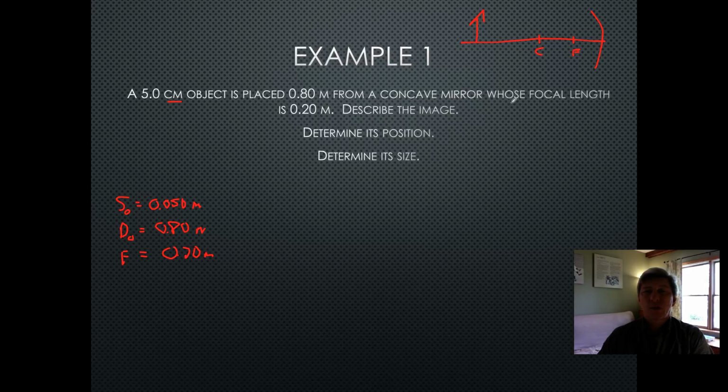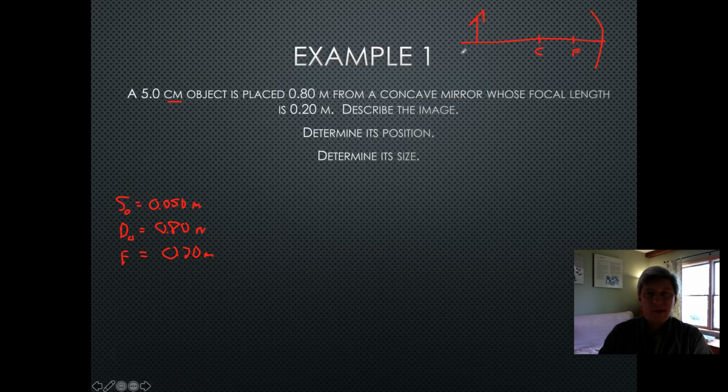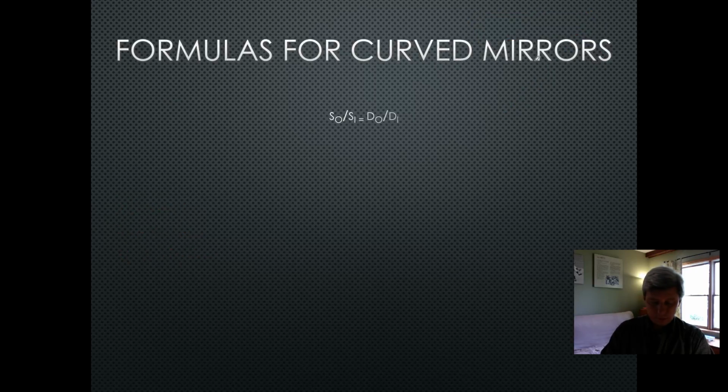Now, I'm asked to describe the image. If you remember from our description the other day, the image is going to be, all right, this is going to bounce off of the focal point. Whoops.